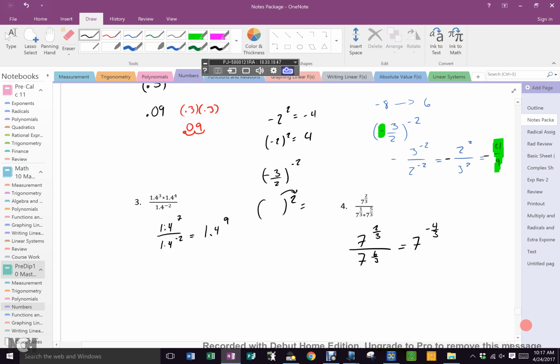Now, what can I do with that? What does a negative exponent do? Flips it over, right? So what is this really now? 1 over 7, all to what power?